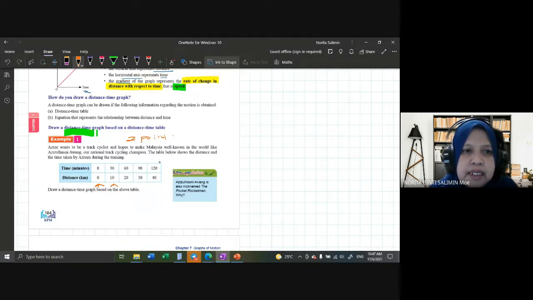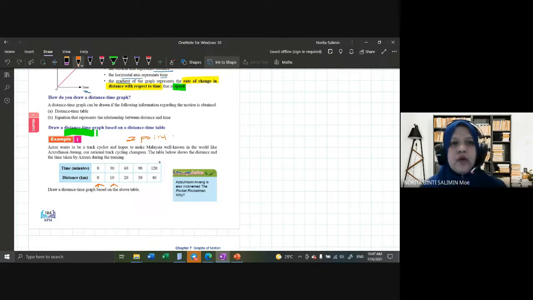Azri wants to be a track cyclist and hopes to make Malaysia well known in the world like Azizul Hasni Awang, our national track cycling champion. The table below shows the distance and the time taken by Azri during a training.